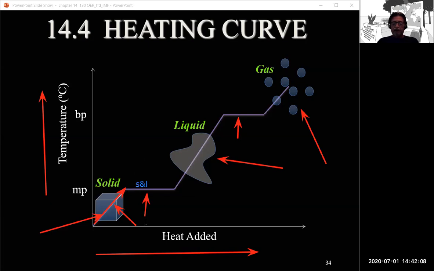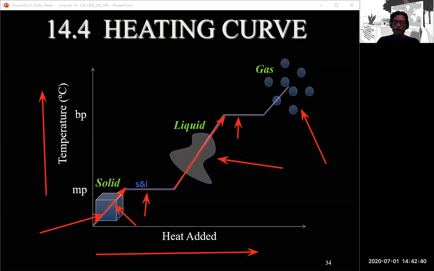So you can keep adding heat to this plateau and it will never get any greater in temperature until such time that all of that solid has been converted to liquid and we get another rise. Okay, we get another rise going up. In this area, all the molecules are in liquid phase.